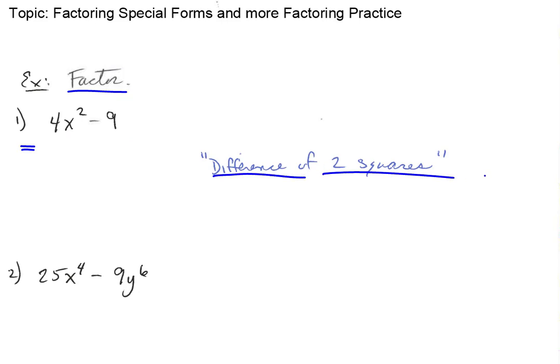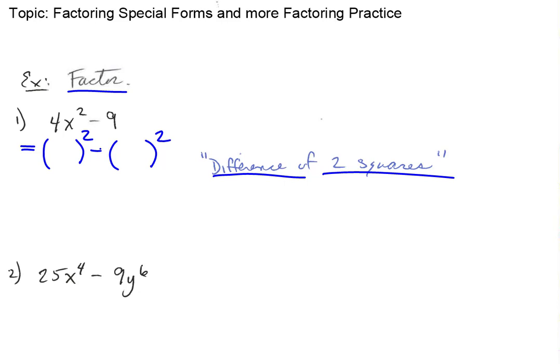Now the way you need to confirm that it's that type is by trying to rewrite the problem as a difference of 2 squares. So I like to write out 2 blank parentheses, each being squared, with a subtraction sign in between them, which would be a difference of 2 squares.